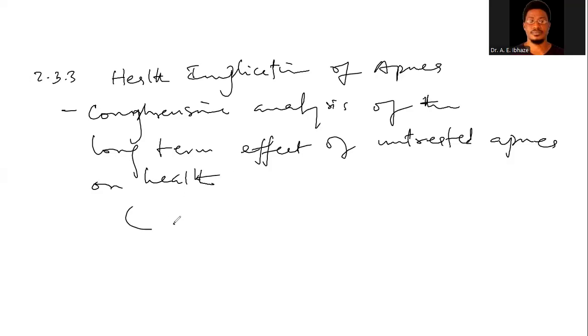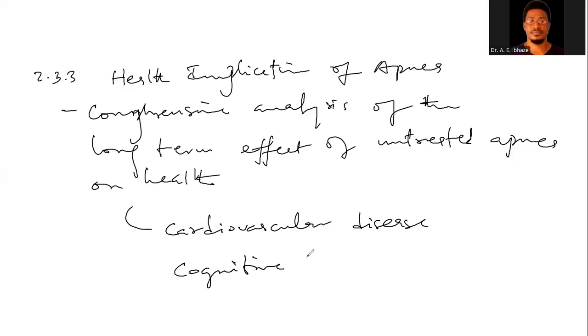So we want to consider cardiovascular disease. You want to also look up cognitive decline and so on. Now you see that at this point, it seems like you are digressing a bit.